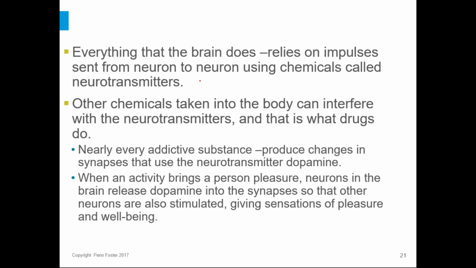Nearly every addictive substance, so alcohol, tobacco, heroin, cocaine, methamphetamine, many other drugs, they all produce changes in the synapses that use the neurotransmitter called dopamine. Dopamine is part of the brain's pleasure and reward system. When an activity brings a person pleasure, neurons in the brain release dopamine into the synapses so that other neurons are also stimulated, giving sensations of pleasure and well-being.